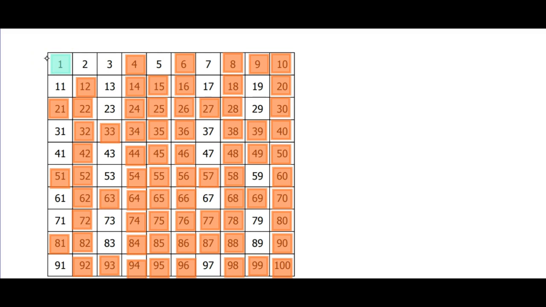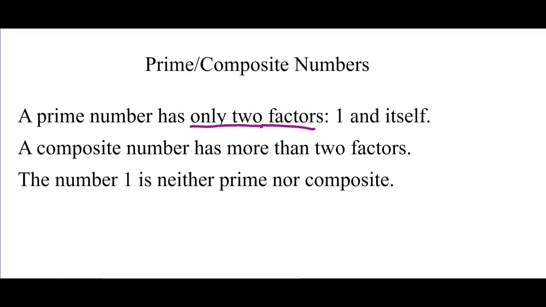So you say, well, what other factors are there of 1? Well, we're saying that it has to have 2 factors, 2 unique factors. And so the only way to make 1 is 1 times 1. And these are not unique factors. It's the same number. And so it doesn't have 2 factors. Its only factor is 1 there. So therefore, it's not prime.